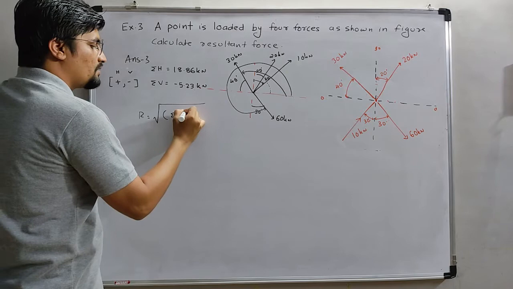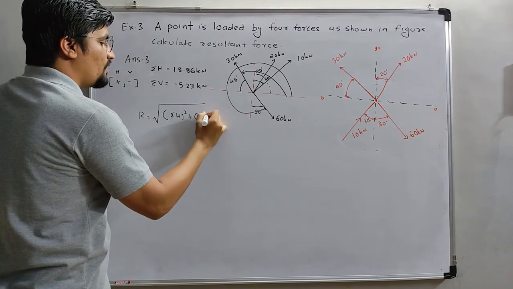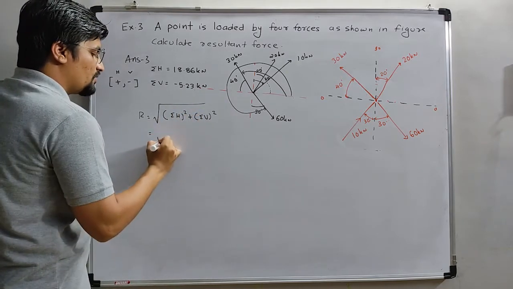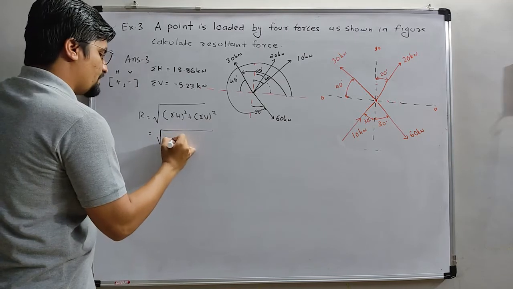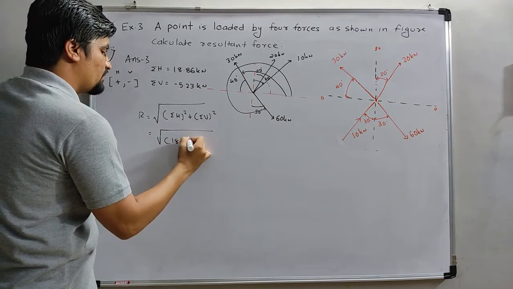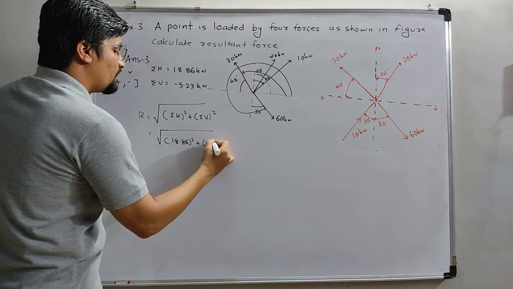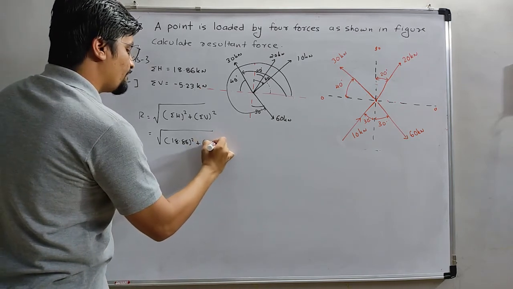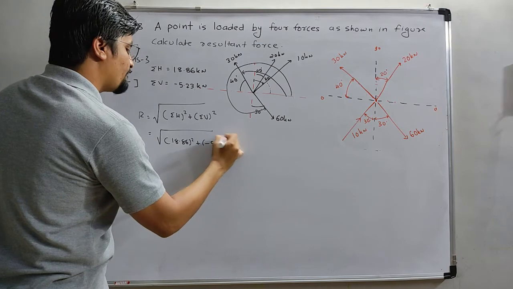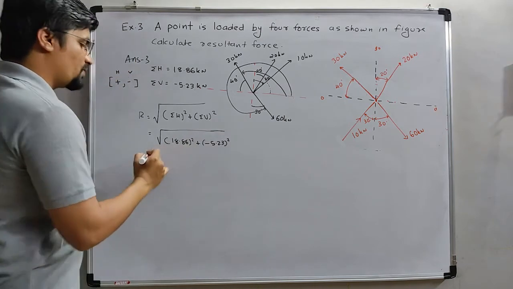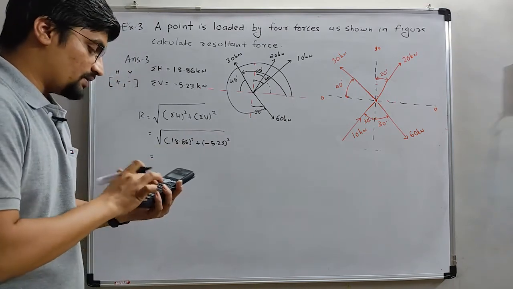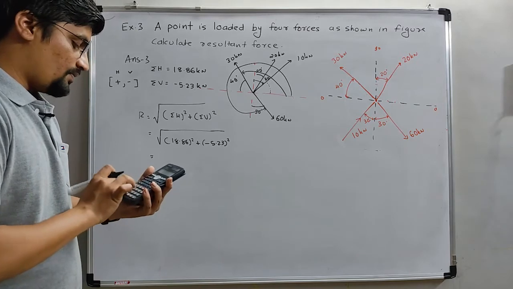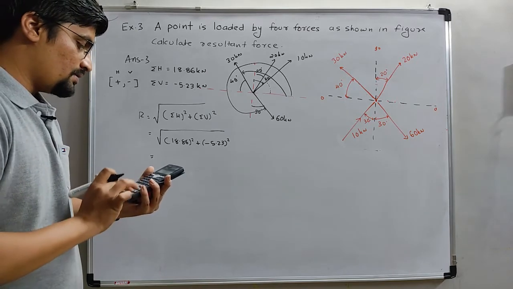Now resultant is equal to under root of summation of all horizontal forces square plus summation of all vertical forces square. So the value will be 18.86 square plus minus 5.23 square. So let me check. 18.86 square plus 5.23 square.